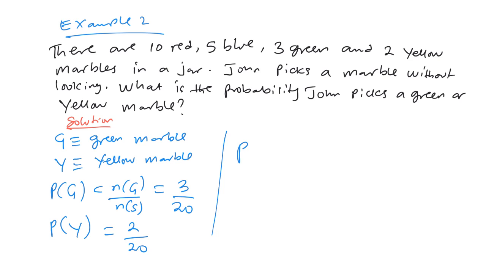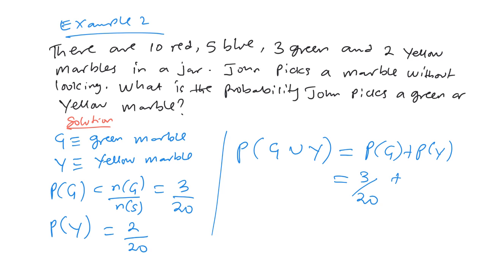So the probability of green or yellow, where or means union, remember the rule for mutually exclusive events is simply the probability of green plus the probability of yellow. This is 3 over 20 plus 2 over 20, which is 5 over 20. In the lowest terms, this will be 1 out of 4. So the probability of green or yellow is 1 out of 4. And we are done.